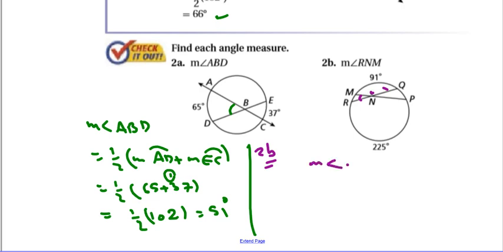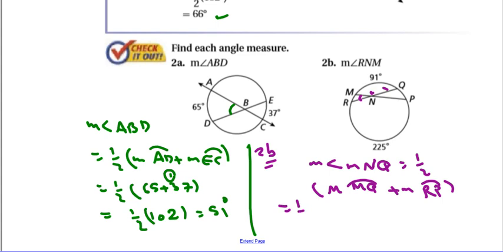Measure of angle MNQ equals half the measure of arc MQ plus the measure of arc RP, which equals half of 91 plus 225, equals 158.